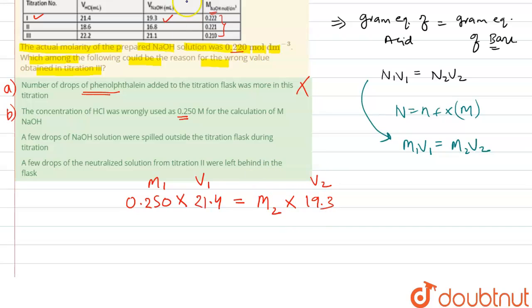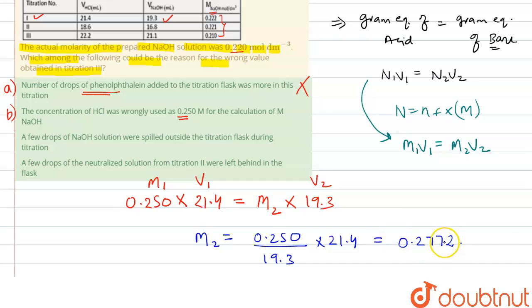Let's calculate this. M2 will be equal to 0.250 divided by 19.3 into 21.4. To calculate this we get the answer 0.277.